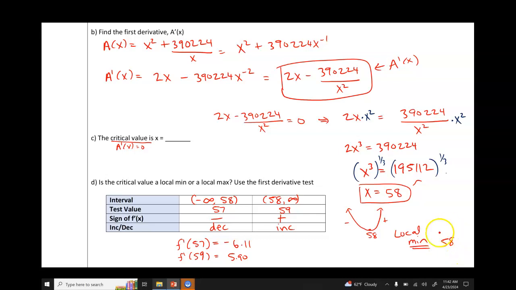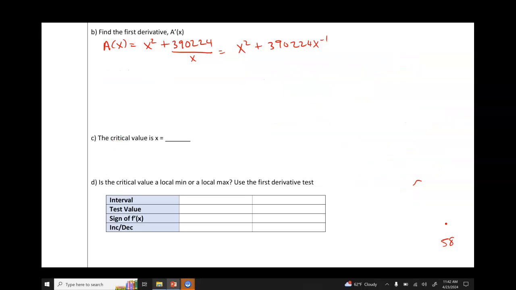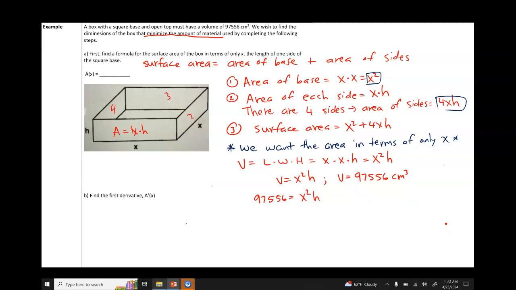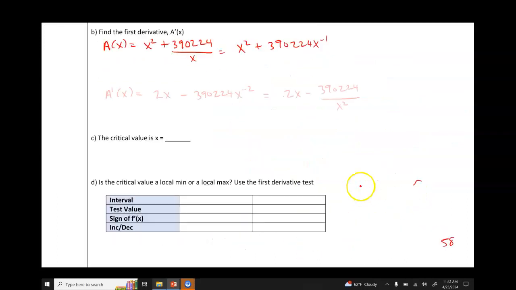So the length of each side would be 58, and the height, we can use this formula right here. We can use the formula h equals 97,556 over x squared in order to find the height. But I think we're just looking for the x value in this case, which is 58.